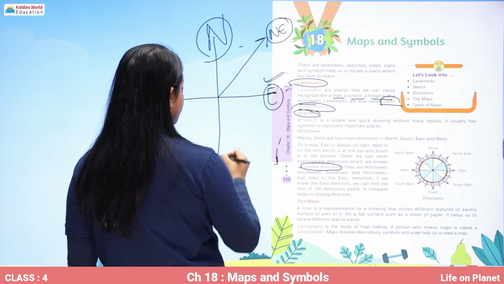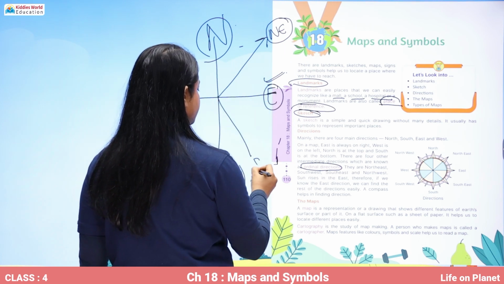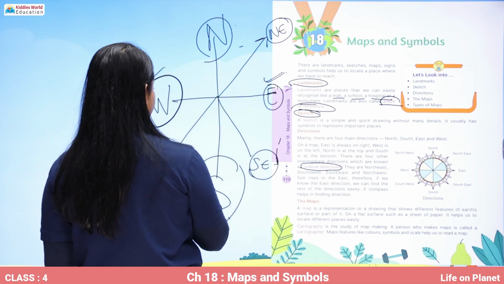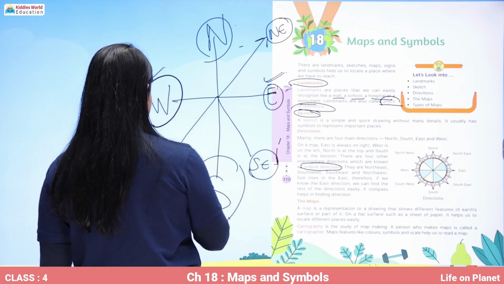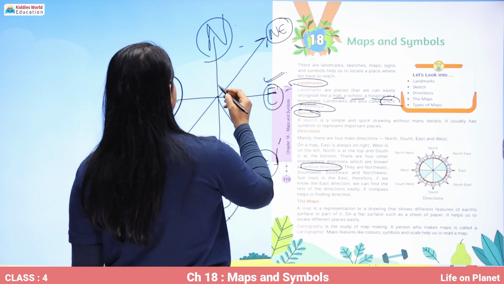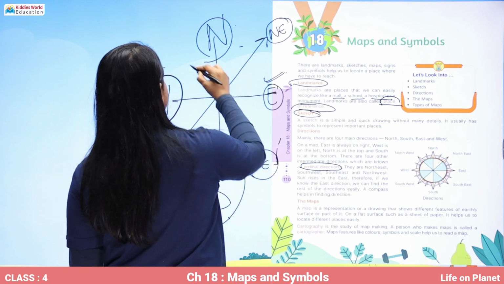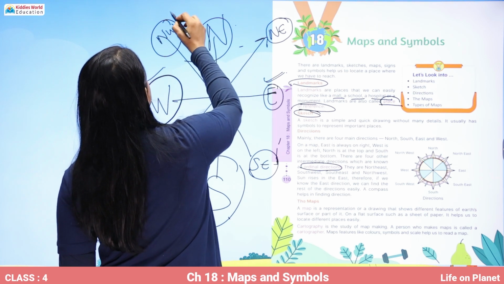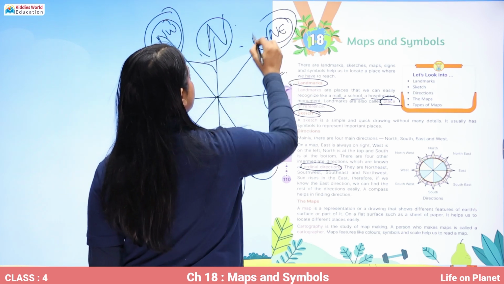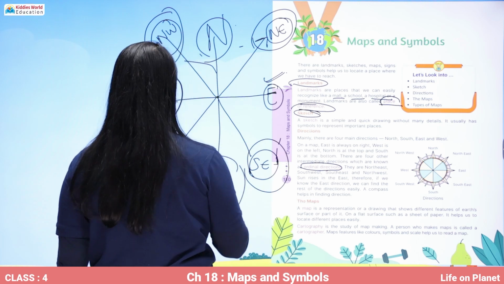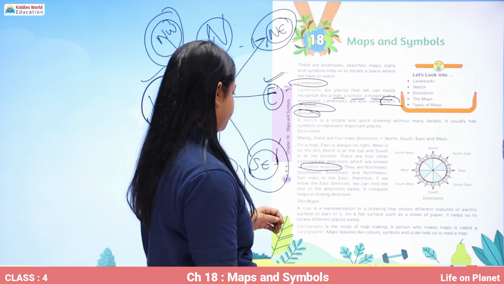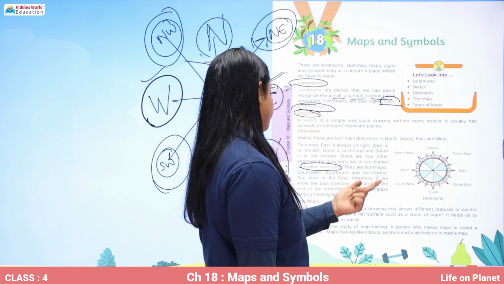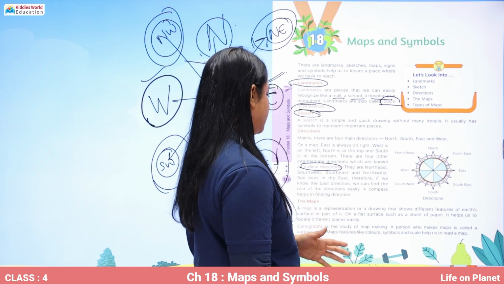In the middle of east and south, it is southeast. In the middle of south and west, it is southwest. In the middle of north and west, it is northwest. So these are the intermediate directions. Therefore, if we know the east direction, we can find the rest of the directions easily.